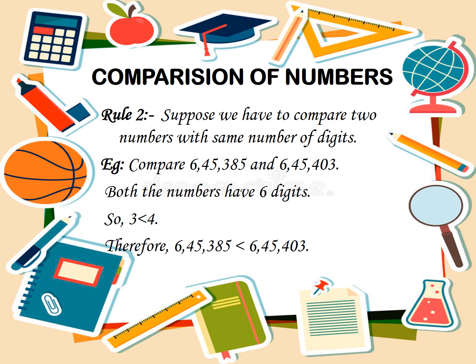In one number it is 3 and in the other number the hundreds place is 4. We can compare both the numbers. 4 is greater than 3. Therefore, 6,45,385 is less than 6,45,403.